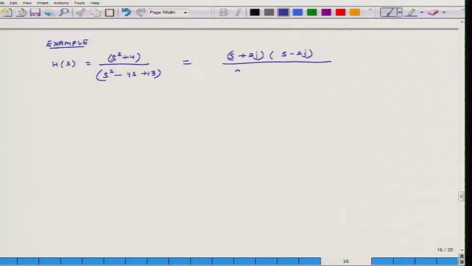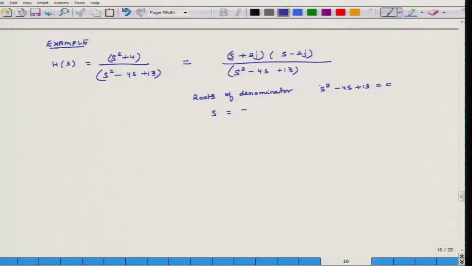For the denominator we will compute the roots. This is a quadratic expression. S squared minus 4s plus 13: to find its roots, I equate it to 0.